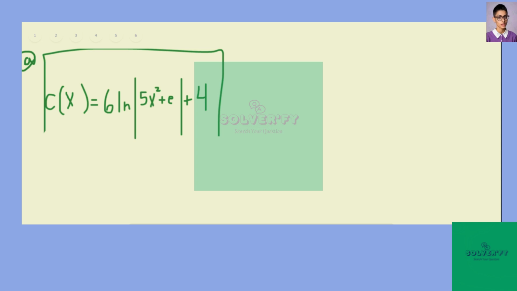So let's go ahead and do that. So we have 6 ln of 5 times, now we're plugging in 5 for x squared plus e, plus 4.